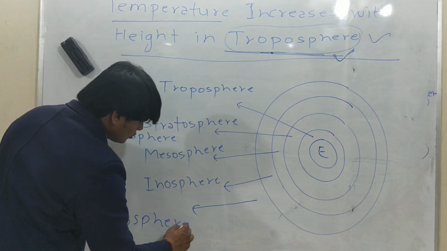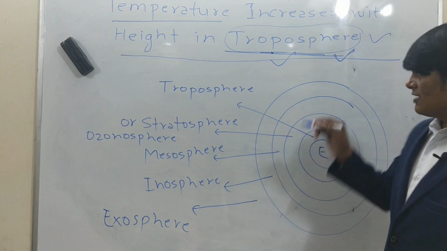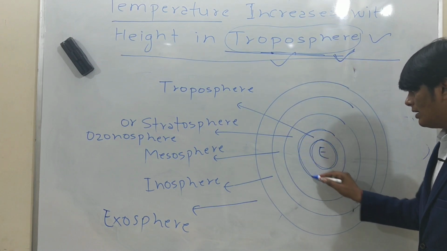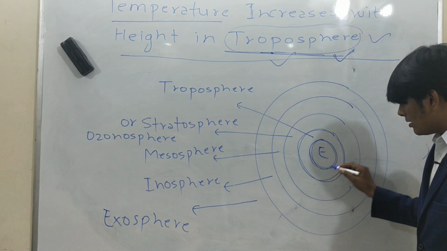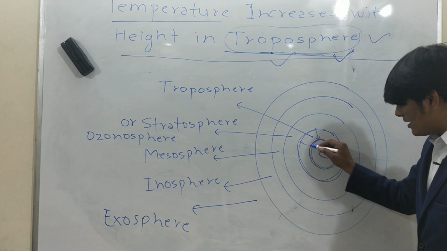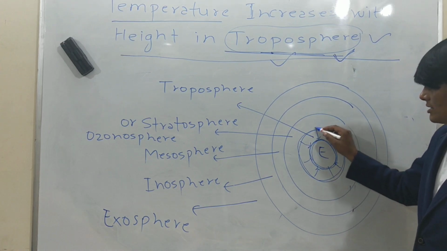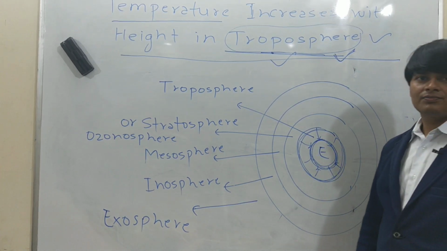So what is the troposphere? What is the definition of the troposphere here? The troposphere is the part of the atmosphere which is directly related with the surface of the Earth.